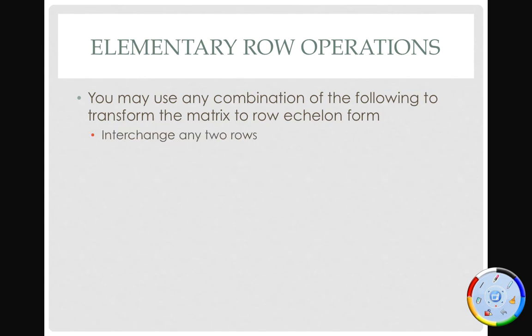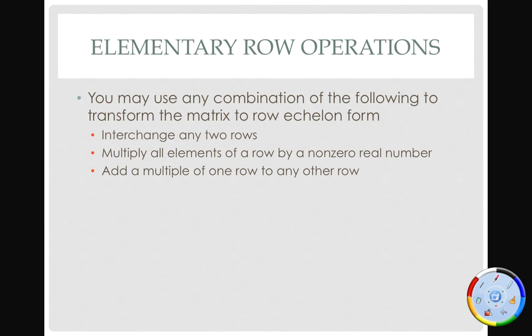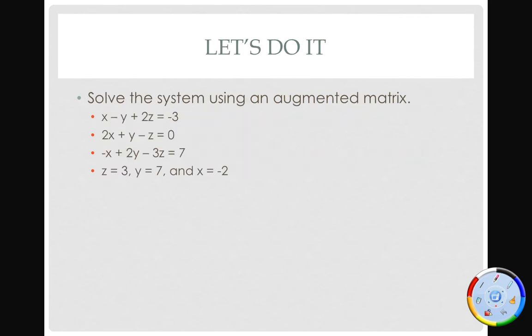You can swap row 1 with row 2 if you want. Sometimes that's nice if one of them already has a 1 where you want it to have a 1. You can multiply all elements of a row by a non-zero real number. Multiplying by 0 would make no sense at all. And then you can add a multiple of one row to any other row, just like we did with the Gaussian elimination.